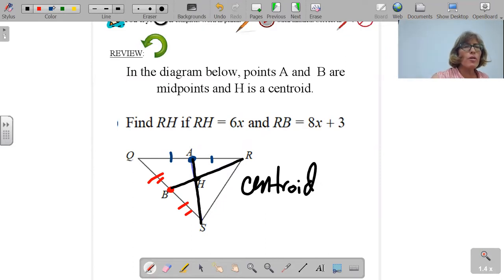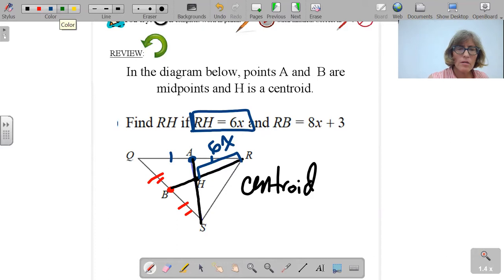You are told that R to H is 6x. R to B is 8x plus 3. Find everything possible.